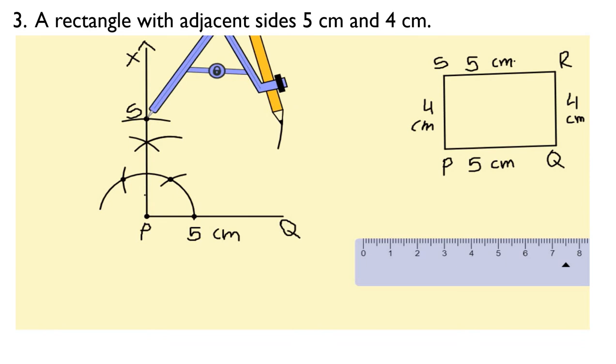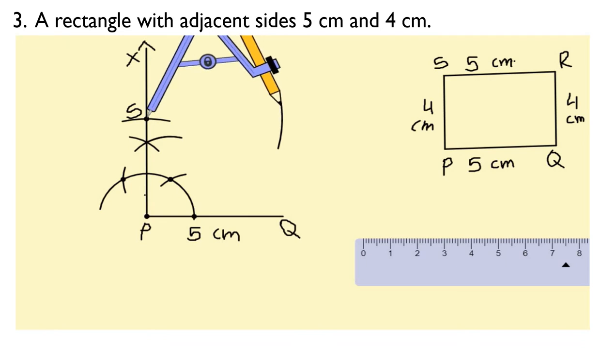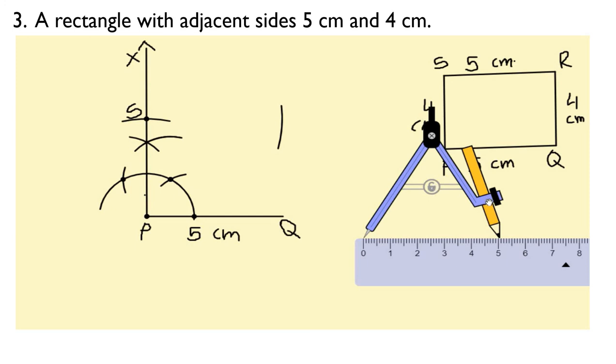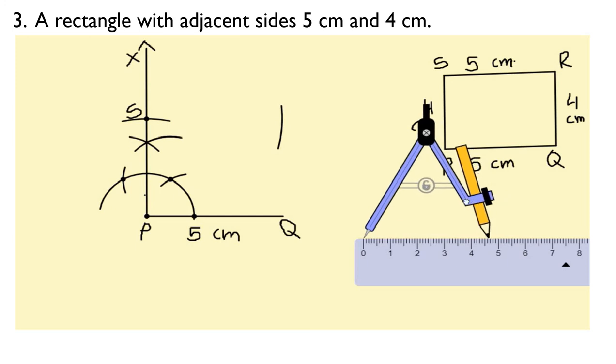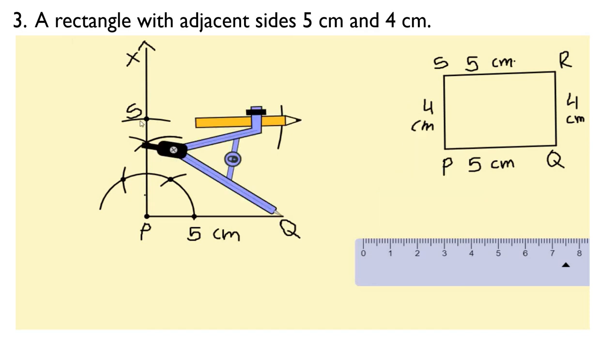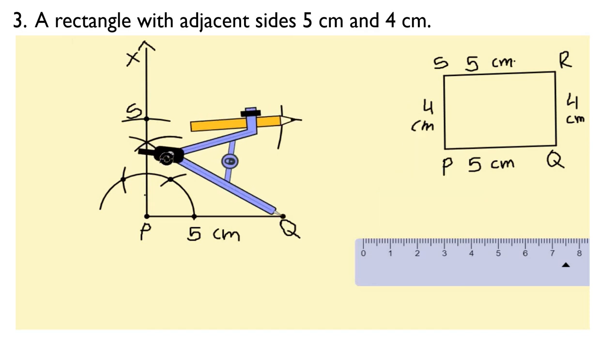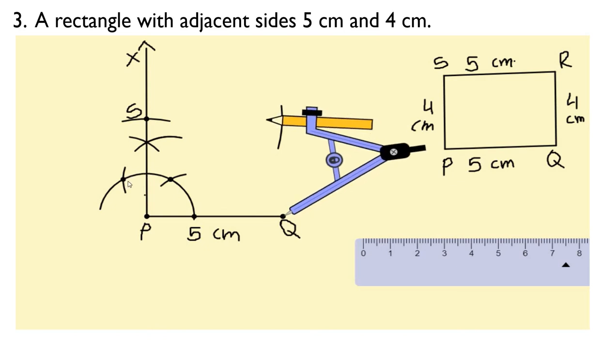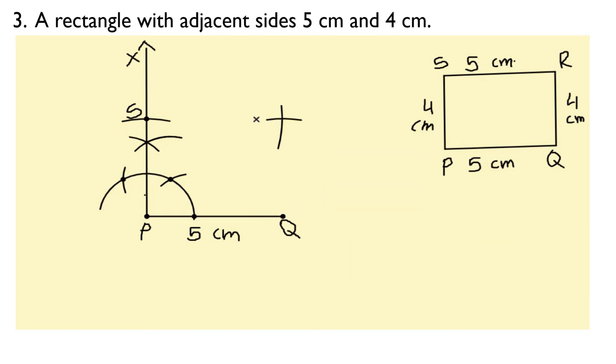And our last measurement, that is the last side QR, which is 4 centimeters. So again with the help of compass, we select radius 4 centimeter and taking Q as center, we draw an arc which intersects the previous arc, and the point of intersection is our vertex R. Also we join RS and RQ.